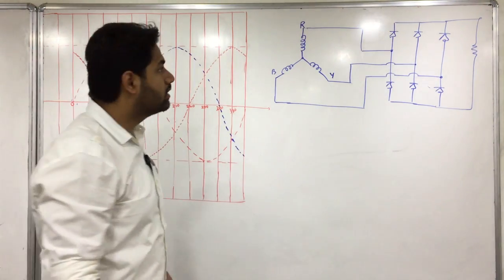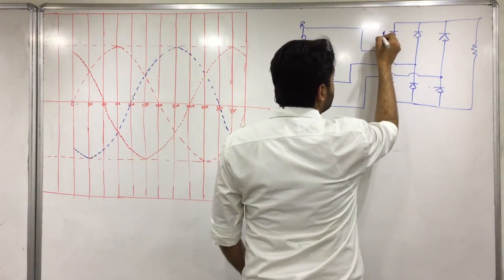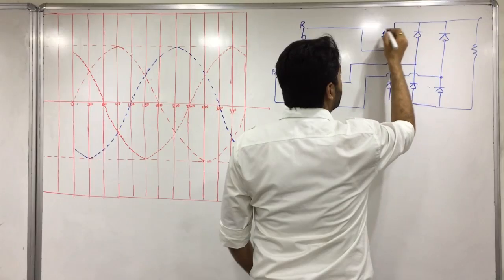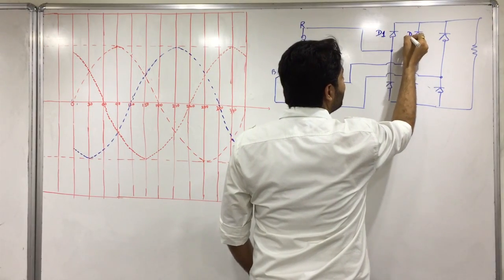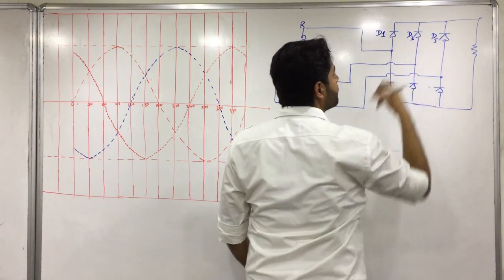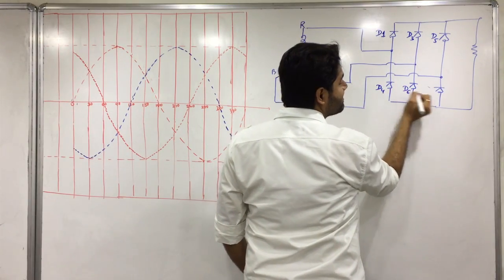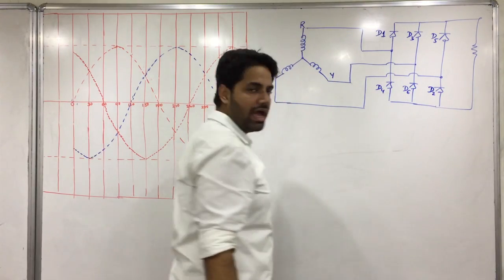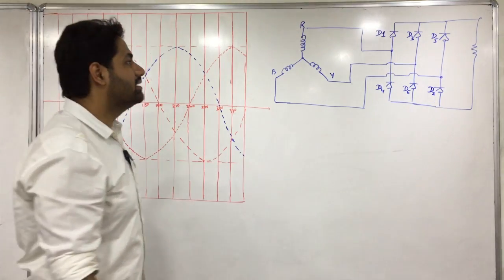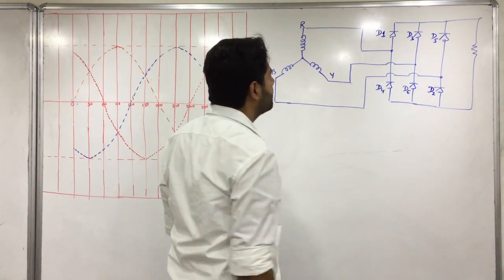This is what we have. This is diode number 1, D1, D3, D5, okay, D4, D6, D2. Sir, do we have to remember it? Yes, we have to remember it. This is what we have to memorize. We'll talk about it later.